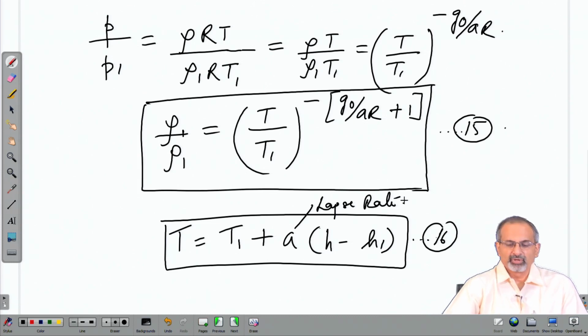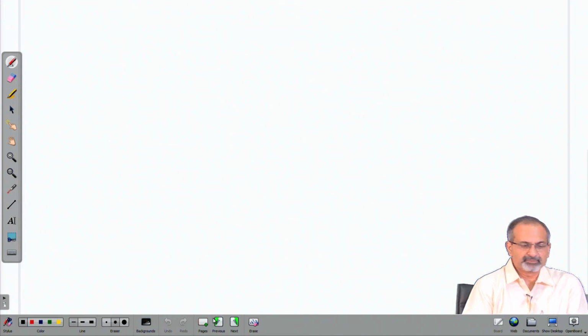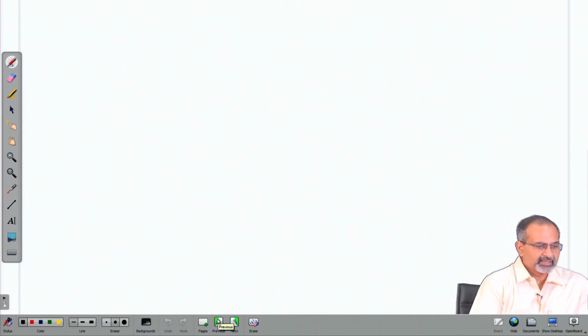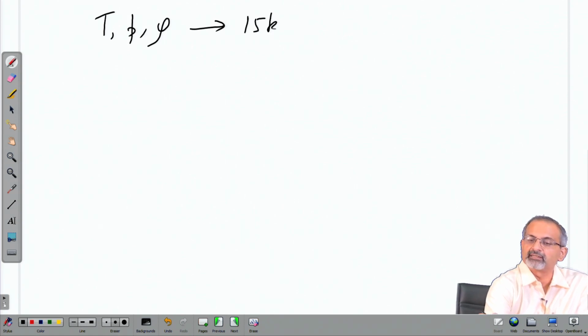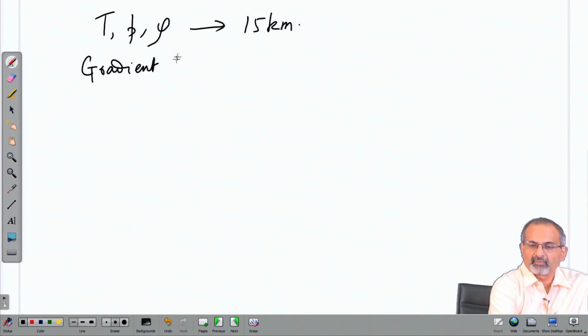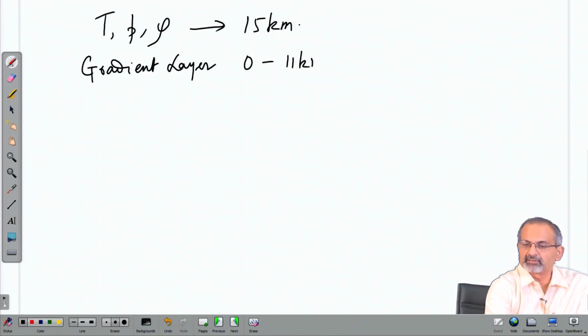If you want to solve a quick problem, it could be like this: how do you calculate the standard atmosphere values for temperature, pressure, density at a geopotential altitude of, say, 15 kilometers? What would be the approach that you would follow? You would look at the gradient layer from 0 to 11 kilometers.